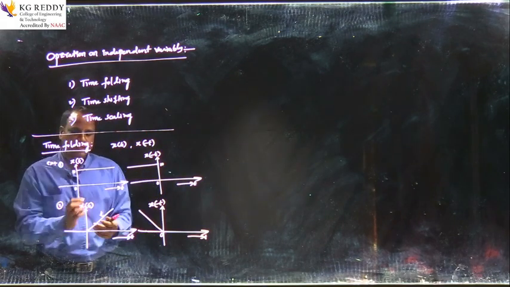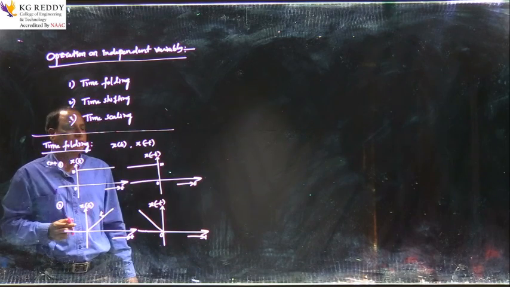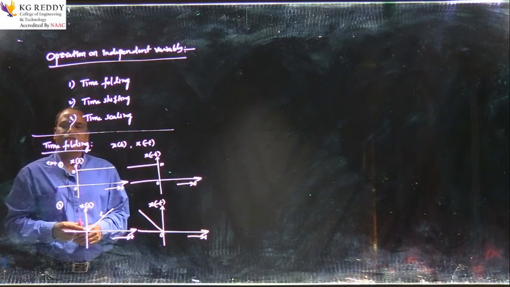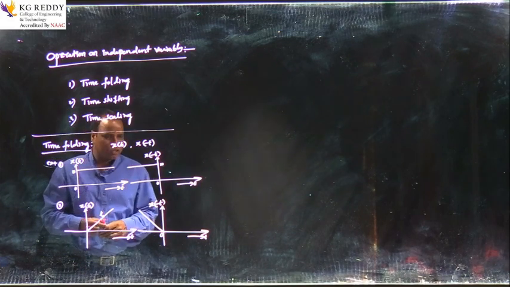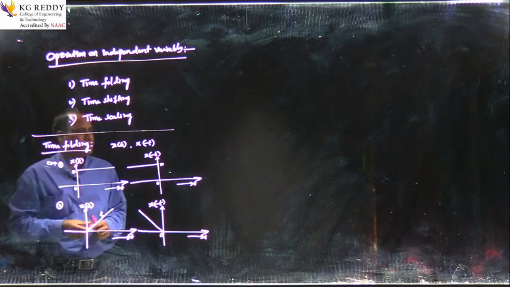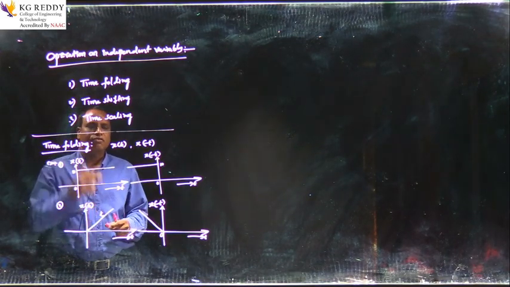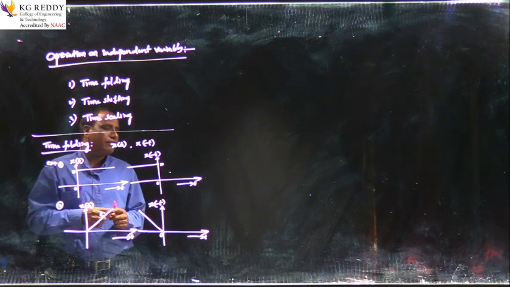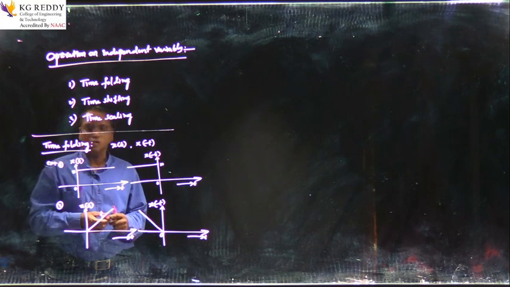If I place a mirror here, the same thing reflects. This is the way a time folding operation can be performed on signals. I have taken very simple signals to explain how to sketch x of minus t if x of t is given. Similarly, we can take any signal and sketch it accordingly.